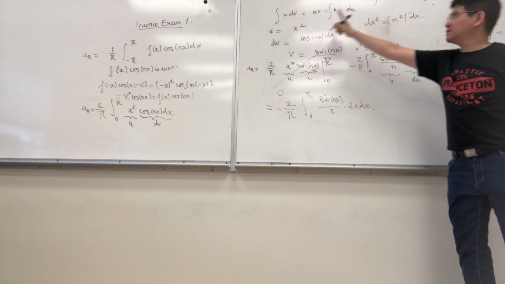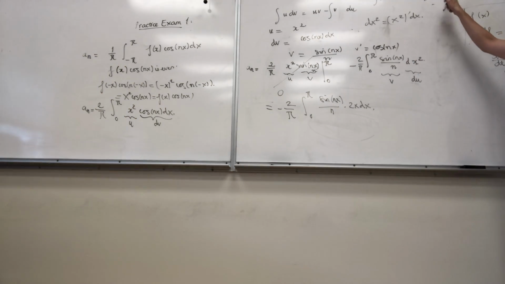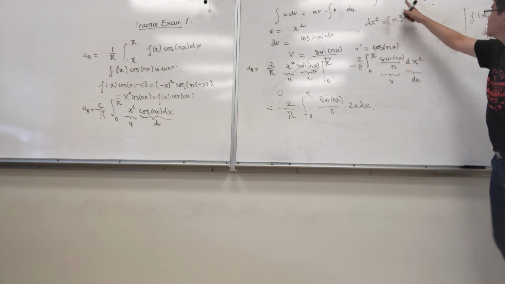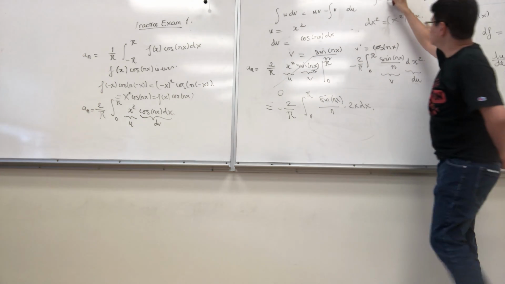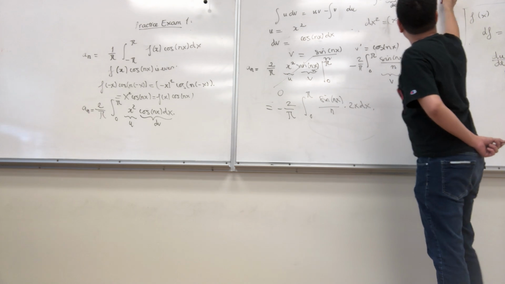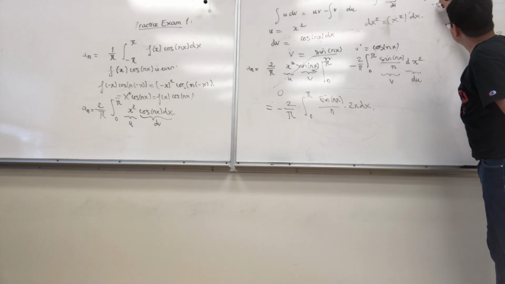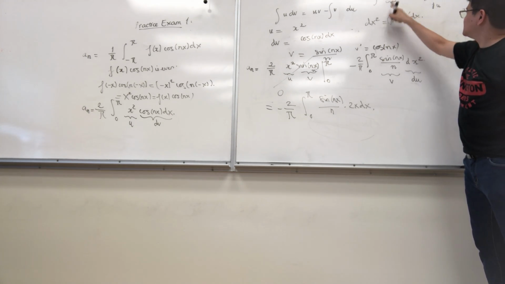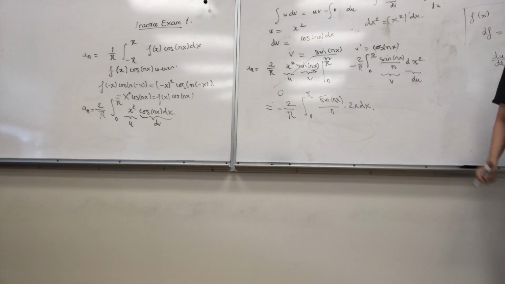Sometimes you see integration by parts written this way, and sometimes that way. This is because u prime dx is du, and v prime dx is dv. Is it clear?